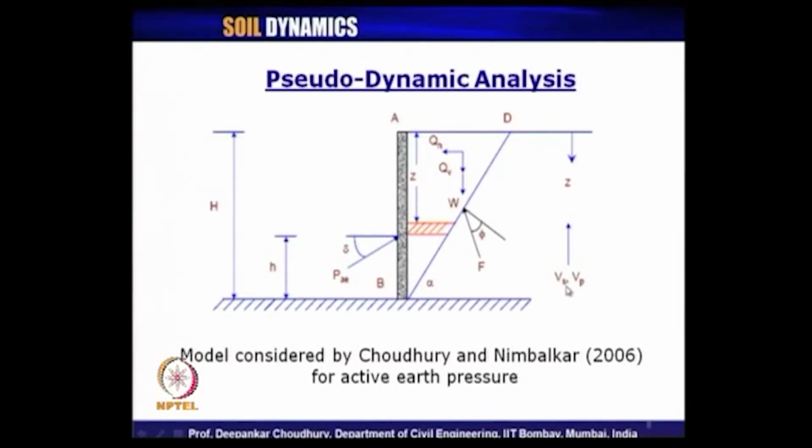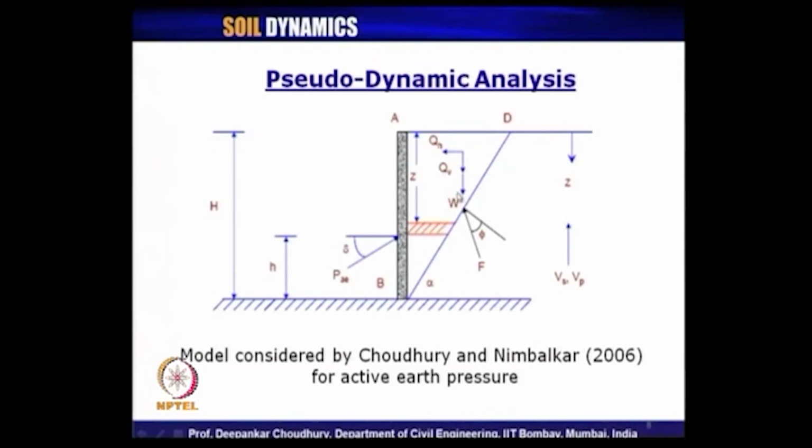Here the shear wave and primary wave which travel during any earthquake are also considered, and Qh, Qv are the horizontal and vertical inertia forces, which can be calculated based on the variation of the earthquake acceleration with respect to depth, also with respect to time, and by considering the frequency content of the considered earthquake. So, as I said, all the dynamic nature of earthquake forces can be considered in this pseudodynamic method.